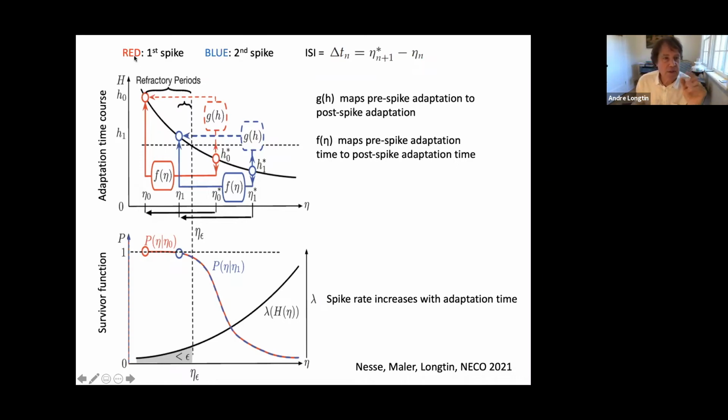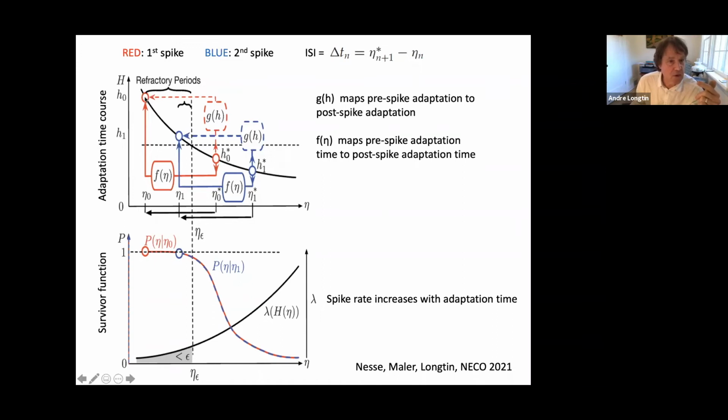And there's two sets of squares here. There's the red ones and the blue ones. So let's start with the red ones for the first spike. So here at this point, the system spiked. So what happens when this system spikes is that the adaptation variable gets reset through this function g to a new value up here.